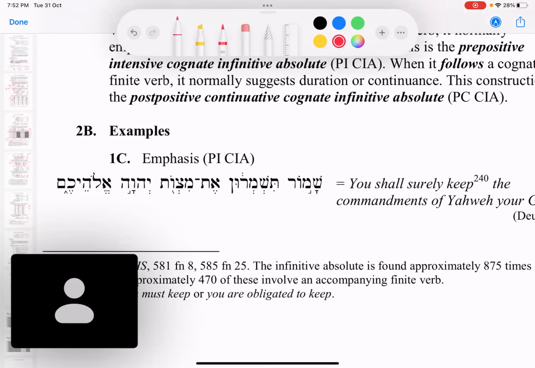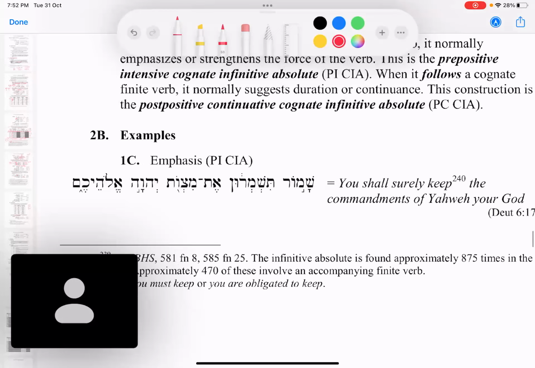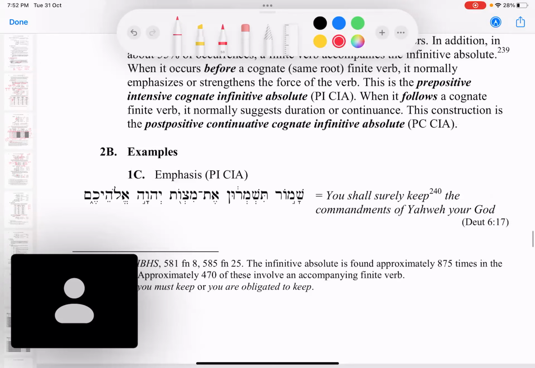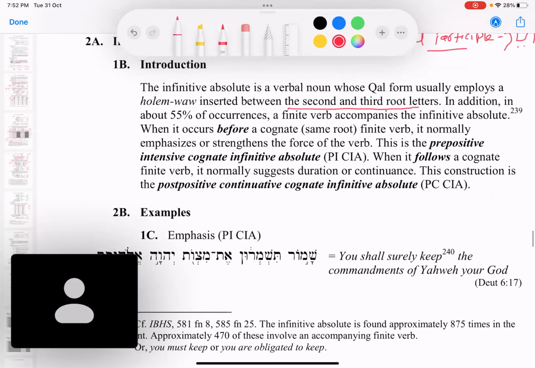For example, when Yeshua said, "Truly, truly, I say unto you." Have you heard this many times in the New Testament? Yes, sir. Then in the Old Testament also, "that you shall surely keep." So for "surely," when there is an emphasis given, that time this form, the infinitive absolute, is used.